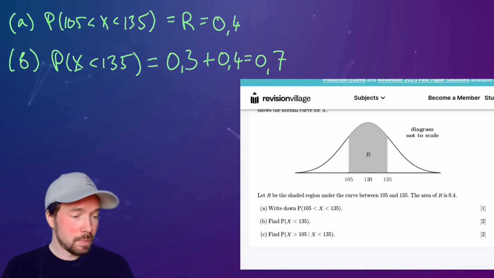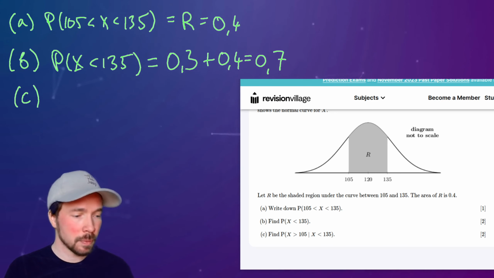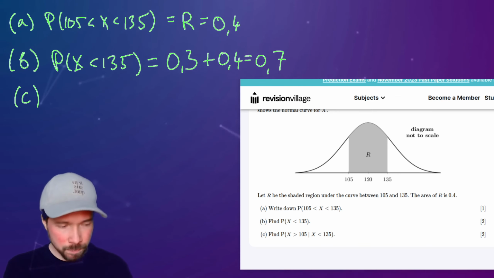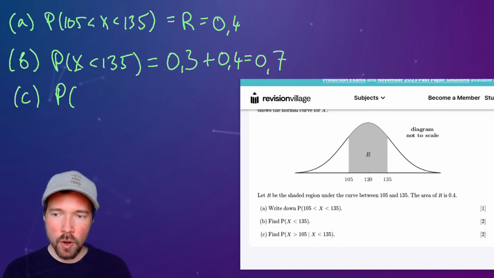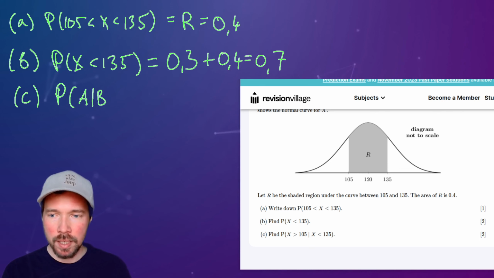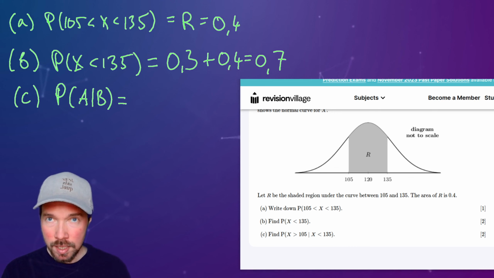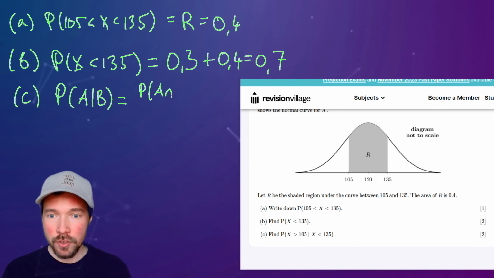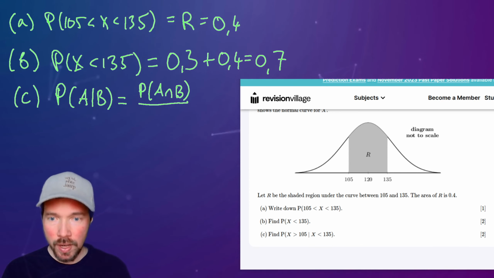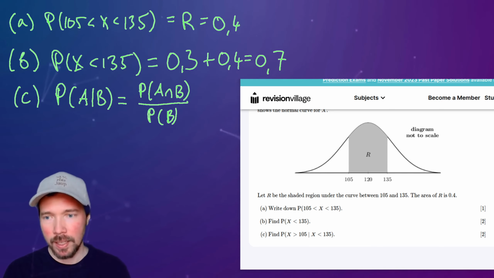Brutally writing it out, the conditional probability of A given B is the probability of A intersected with B divided by the probability of B. That's the definition of conditional probability.